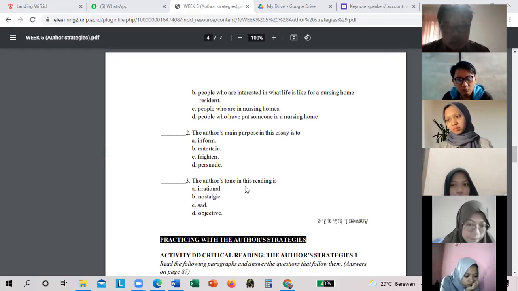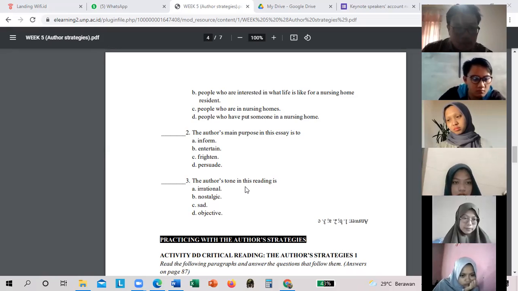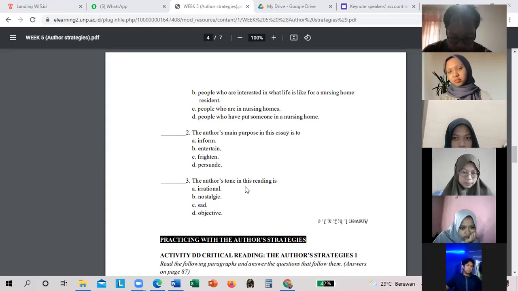So number 3, Mahendra, what will be the tone of this reading? I think the author's tone in the reading is sad. See? Sad, right? Yes, correct.